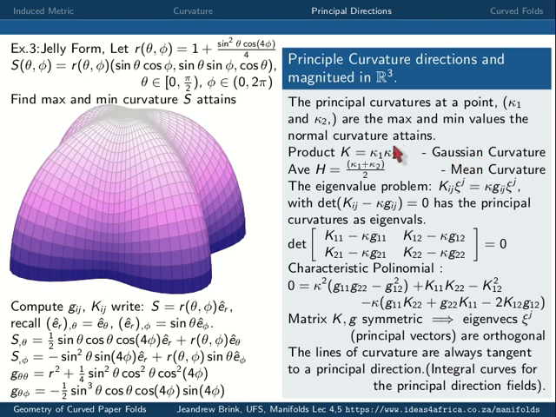Okay, so now, in order to compute what kappa 1 and kappa 2 are, you need to solve this eigenvalue problem. This is slightly generalized from the normal eigenvalue problem, where you have a matrix A times a vector equal to lambda times the identity matrix times the vector.